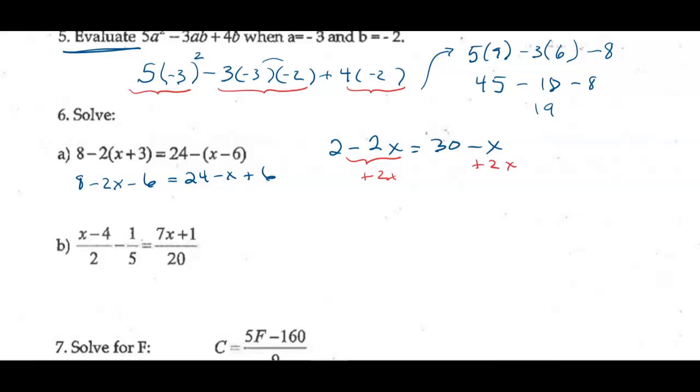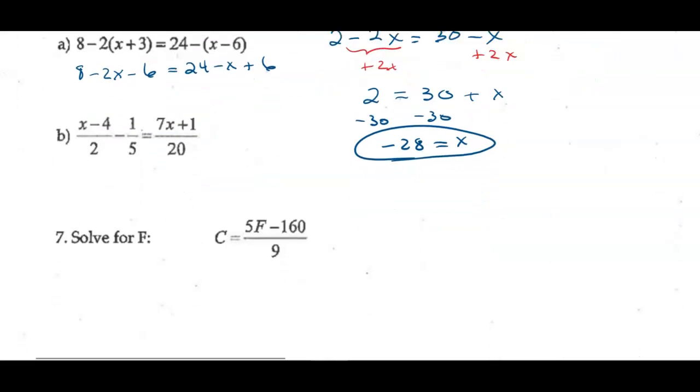You could pick the negative x and move it over here. Again, that part's not going to matter. That leaves me with 2 because negative 2x plus 2x cancels out. Positive 2x minus x is plus x. To get the x alone, of course, minus 30. So I am left with negative 28 equals x, and that is my answer.